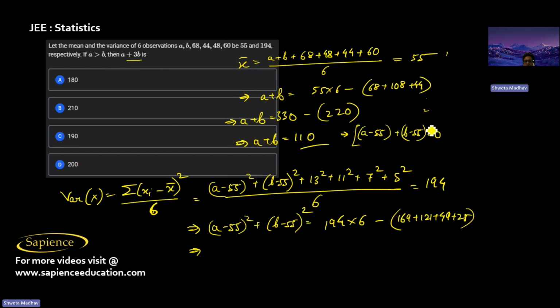So the sum of these two is zero. Let us take this as x, this as y, so x square plus y square, and x plus y is 0. So x square plus y square is equal to 194 into 6.